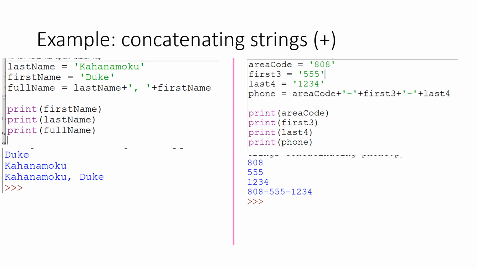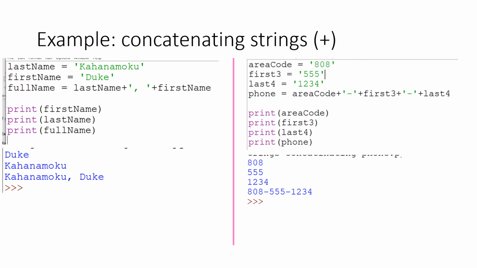The area code is going to be given because the person hires the phone number here in Hawaii, and then the first 3 digits are also given by the store where it is registered, and then the last 4 digits are randomly generated until we find one that works, right? That is not taken. Once those are correct, then the final phone number is going to be the concatenation of all those 3 parts.